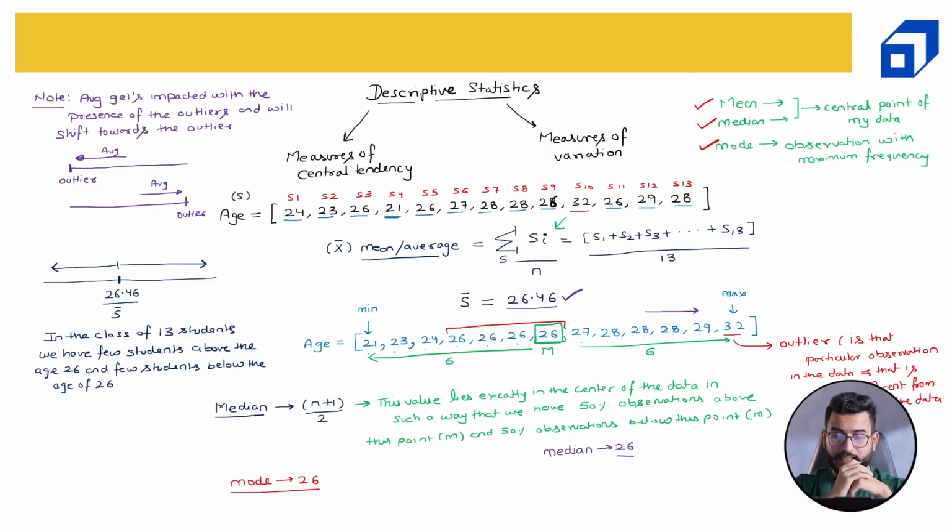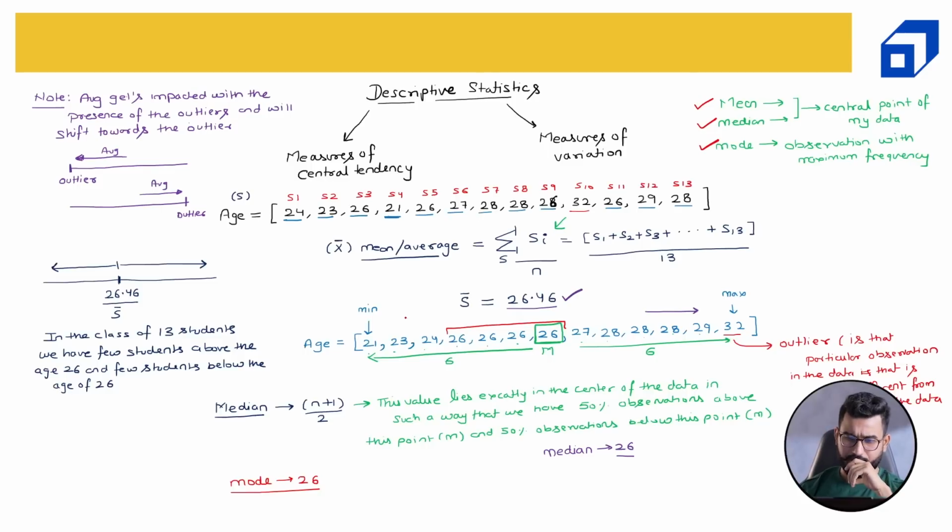And if your data does not come with outliers, and here you have seen that 32 was the outlier, either on the higher side or on the lower side, then these three measures will fall very close to each other, or approximately be equal to each other. So your mean will be equal to mode equal to median.